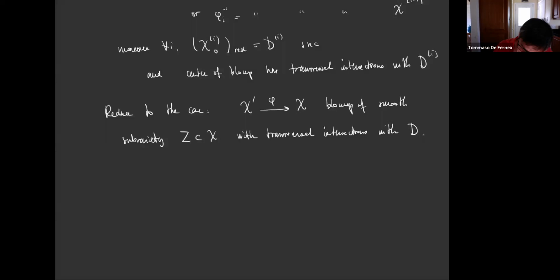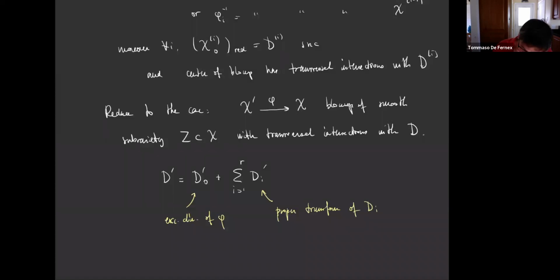So this is more manageable. So I'm going to denote by D prime, D prime 0 plus the sum from i equals 1 to r of Di prime. So this is the exception divisor of phi, and these are the proper transforms of the corresponding Di.